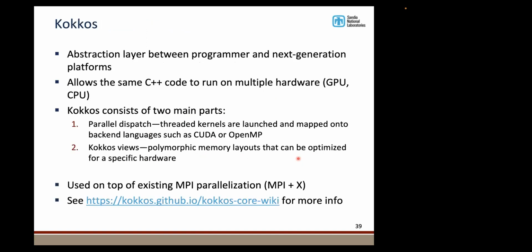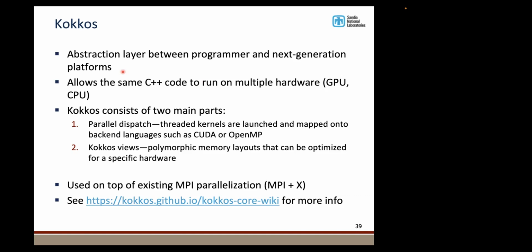Now let's talk about Kokkos. In general, Kokkos is used by many different codes. It's not just LAMMPS. It's actually its own separate third-party library. Kokkos is an abstraction layer between the programmer and next generation platforms, so it allows the same C++ code to run on different hardware.